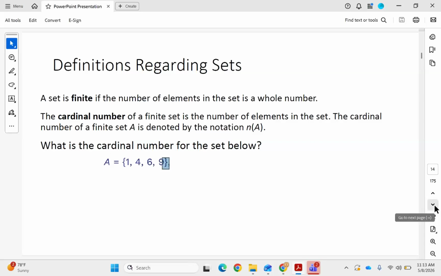Then we can say that the cardinal is 4 because it has 4. We write n, and then in parentheses we put the set. So n(A) means the amount of objects inside the set A, the cardinality or the cardinal of the set A. And the answer is 4 because there are 4 in there.